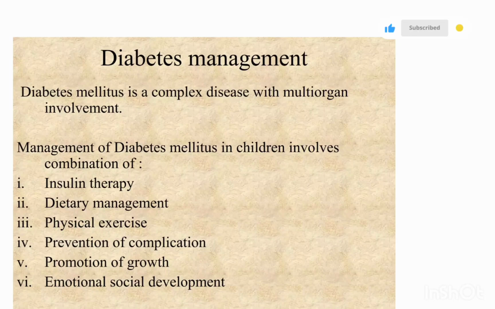Diabetes mellitus is a complex disease with multi-organ involvement. Management of diabetes mellitus in children involves a combination of insulin therapy, dietary management, physical exercise, prevention of complications, promotion of growth, and emotional and social development.